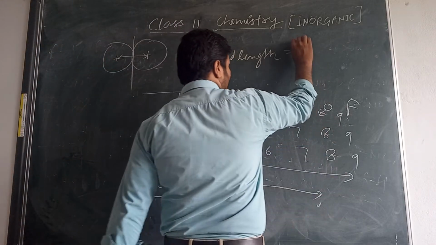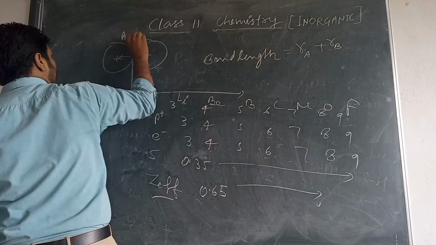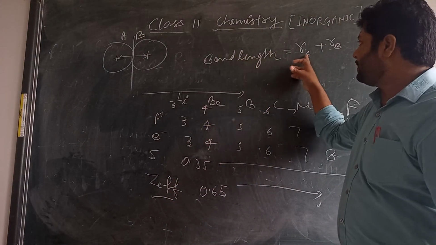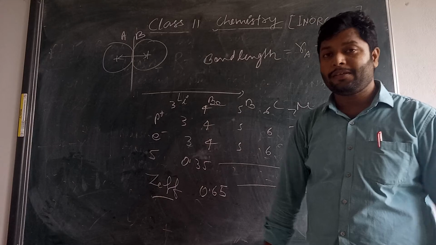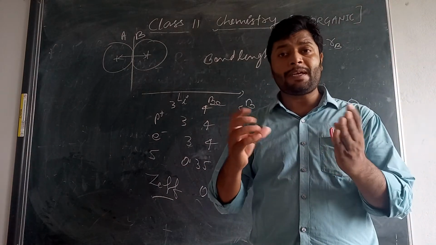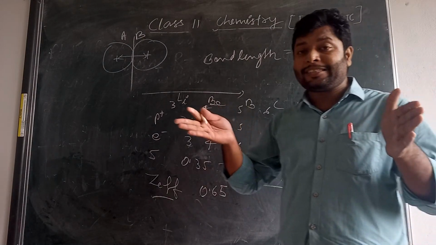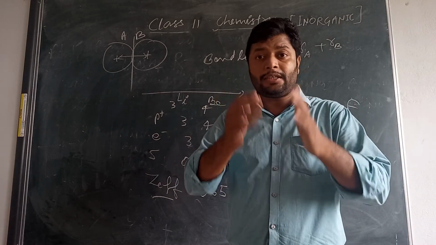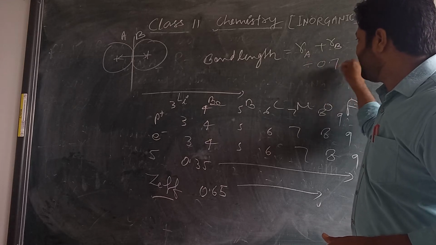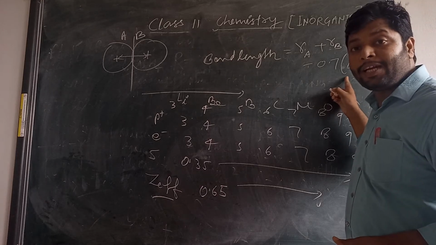So bond length generally depends upon the radius of atom A and radius of atom B. But this is only true for homoatomic molecules. When there is a heteroatomic molecule, the bond length is somewhat shorter than the expected value, and that depends upon 0.7 delta x square, where delta x is the difference of electronegativity.